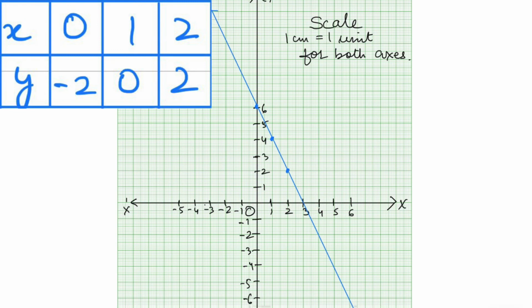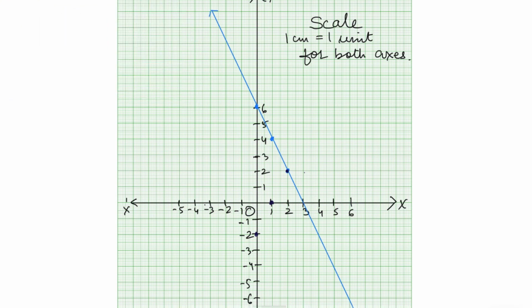Second line coordinates are 0 and minus 2. This is my first point. Then 1 and 0 is the second point. The third point coordinates are 2 and 2, which is the same as one of the points of the previous line. So we have got 3 points. Now let's join them.